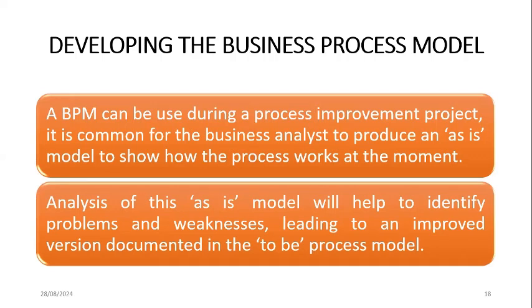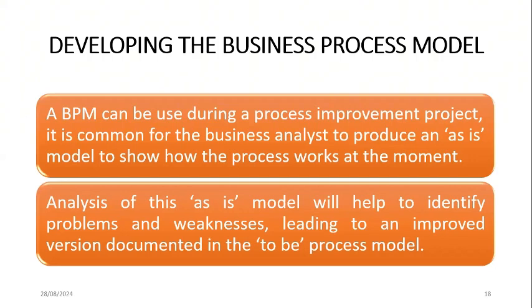Analyzing this as-is will help to identify weaknesses, problems, which will help to lead to an improved version, that is the to-be process model. Once you have put together the as-is and it has been properly analyzed, then that can give an insight to what the to-be is.